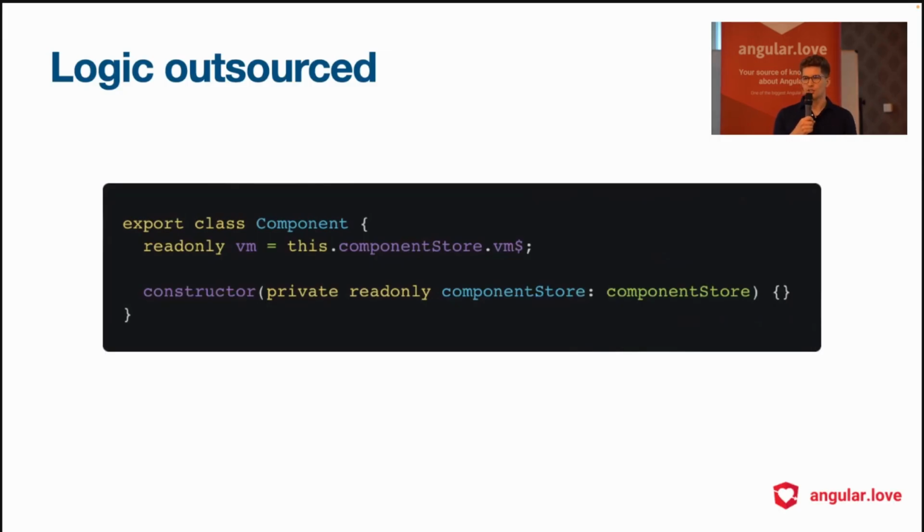The component store can expose a single view model instance, which would be an observable, ready and complete for use in the component, which we'll of course use in the template, resolving it using the async pipe. And the component store can prepare this view model using selectors, using other observables, using local state.